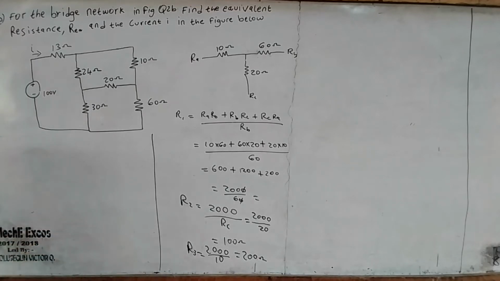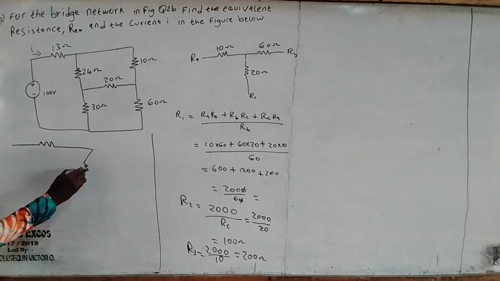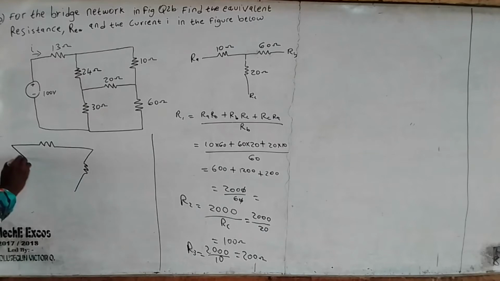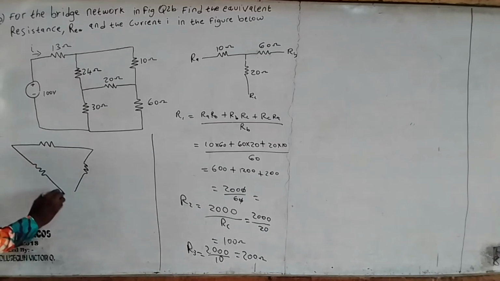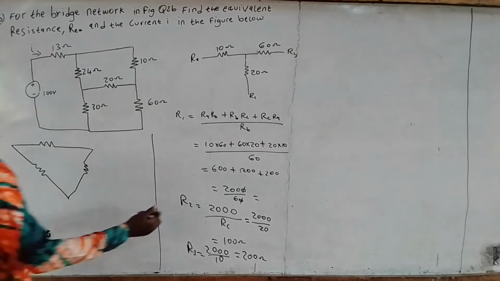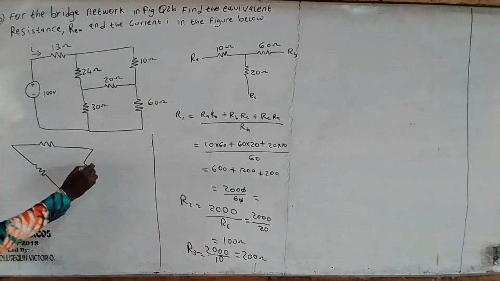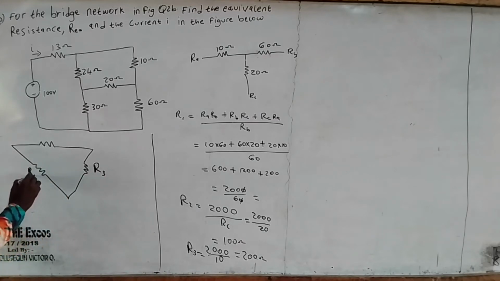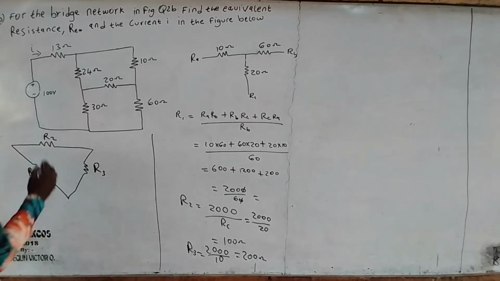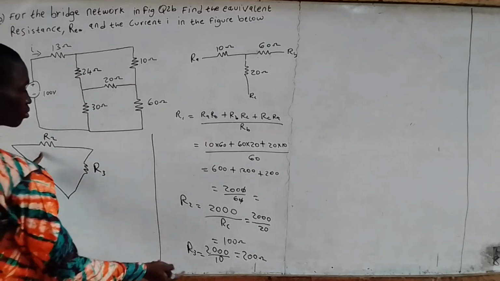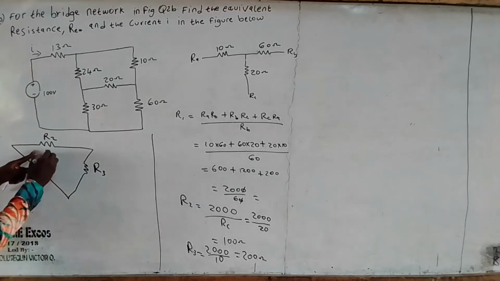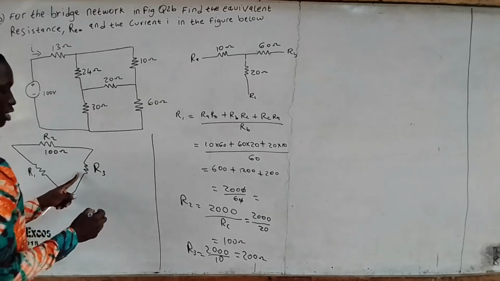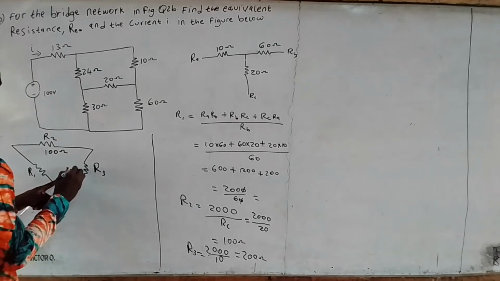Okay. With that, now can I withdraw my star and delta? Remember, we're having something exactly like this. Then we have this. Draw this down. From this now, we can input our R1, R2, R3. Remember, here is going to be R3. Here is R1. Here is R2. R2 here is 100 ohms. R3 here is 200 ohms.